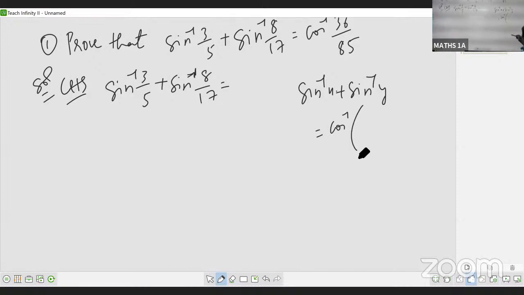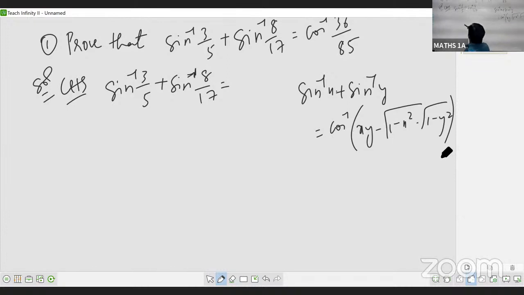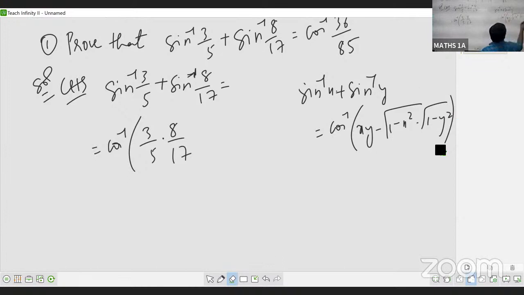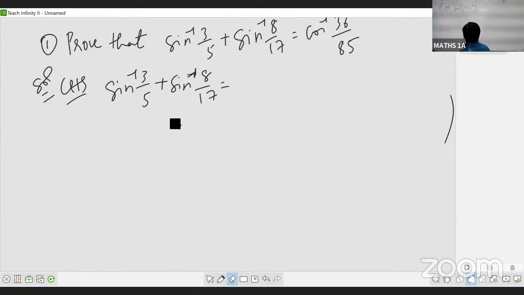Here, in terms of cos inverse, it is xy minus under root of 1 minus x square into under root of 1 minus y square. Okay, we do one thing. Instead, let us apply the sine inverse formula first. What is that formula?